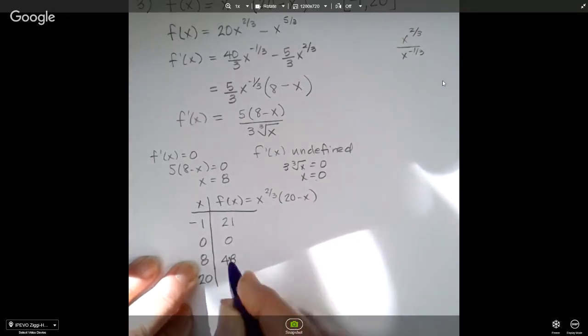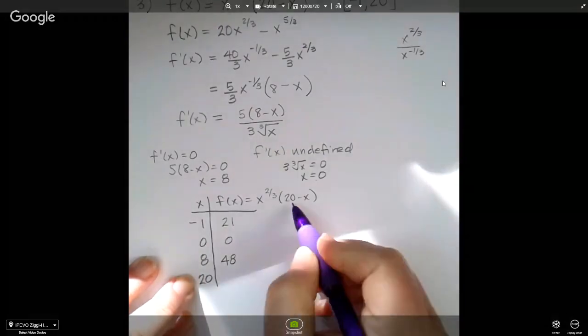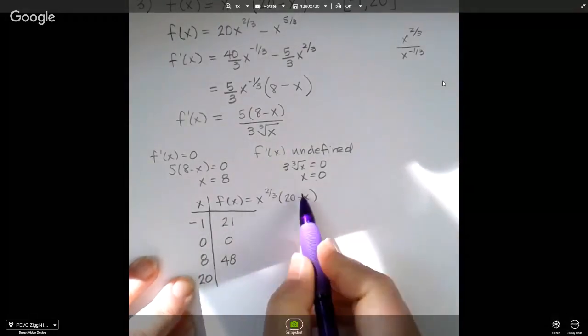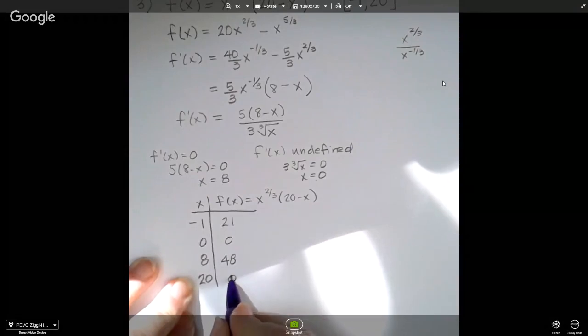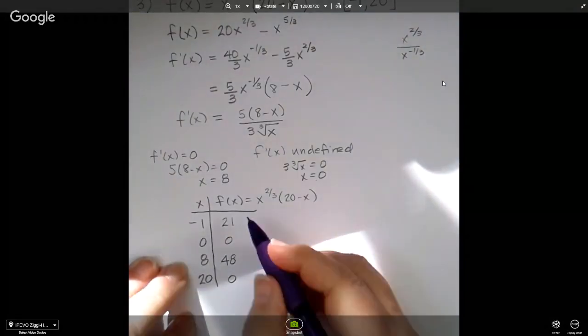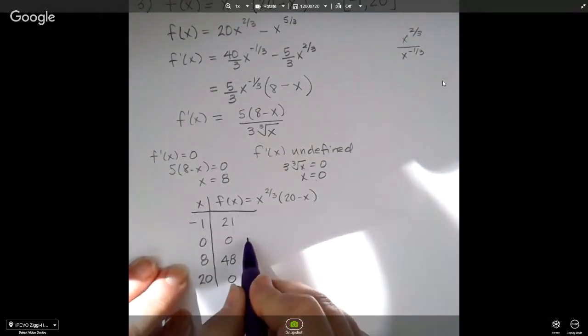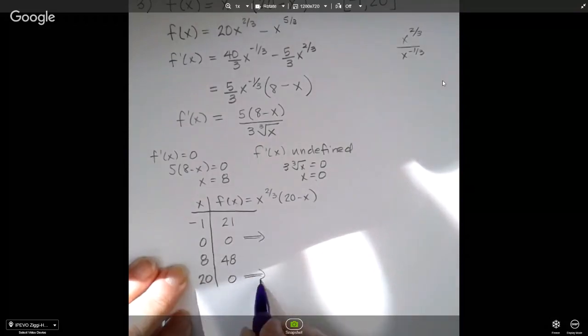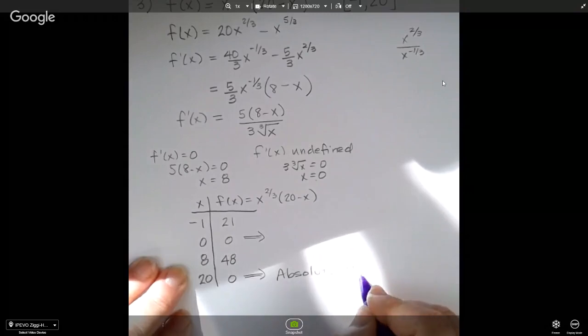Wow, that's a big number. And then when we plug 20 in, which is scary as 20 might have looked, you get a 0, so that's nice. All right, so just looking at these numbers, you can tell that the zeros are the absolute minimums.